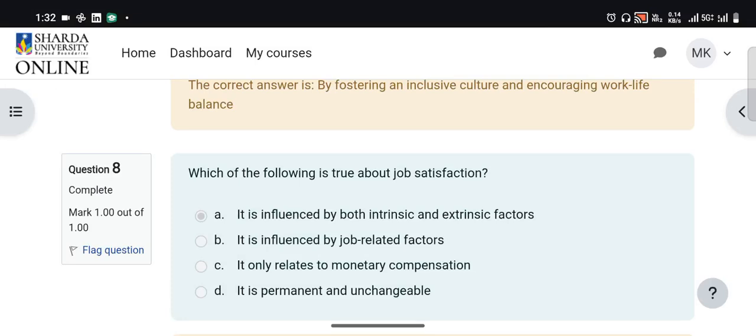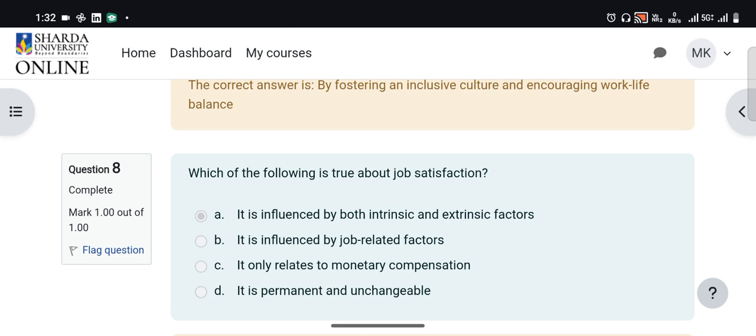Question number 8. Which of the following is true about job satisfaction? Option A. It is influenced by both intrinsic and extrinsic factors. Option B. It is influenced by job related factors.